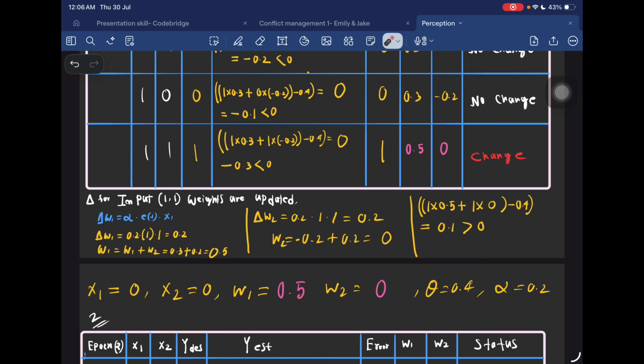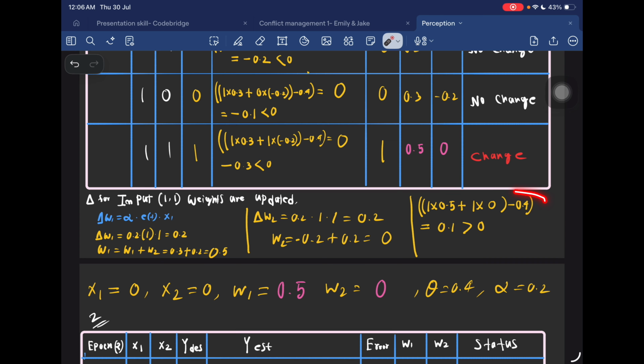Same applies for W2: minus 0.2, learning rate 0.2, another feature is 1, and the error value is 1, so this comes to 0.2. To find W2, minus 0.2 is our old value of W2 plus 0.2, the value of delta W2. Actually here we update the value of W2, so it becomes 0.